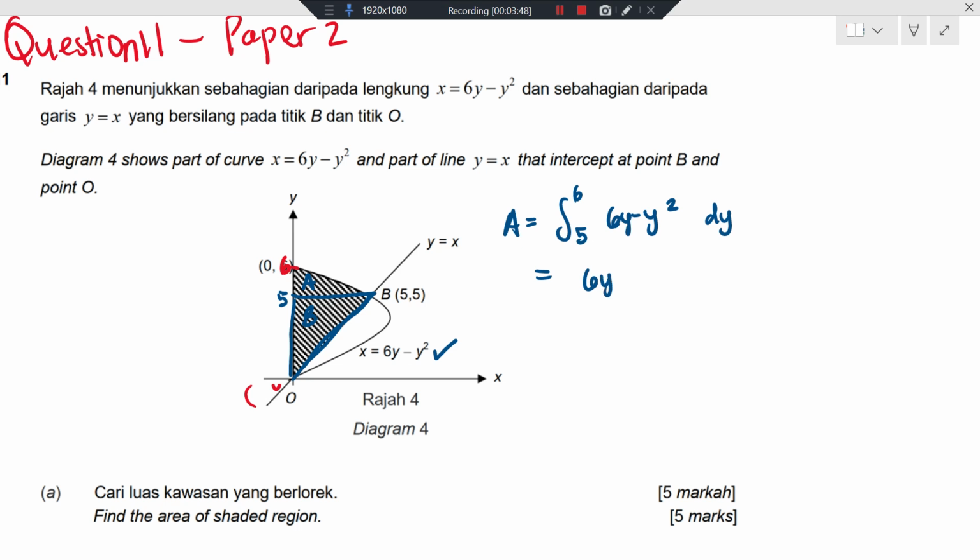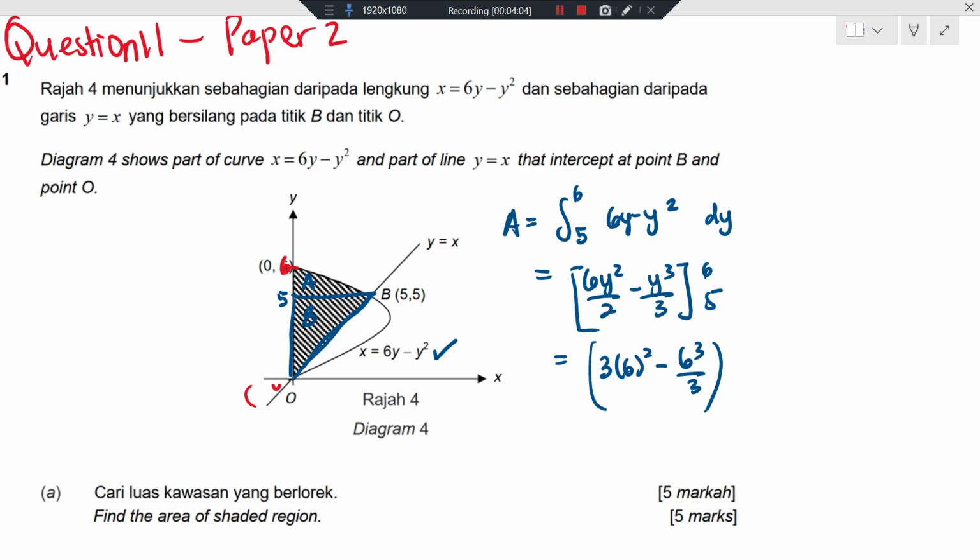So 6y square over 2 minus y cube over 3. You need to substitute with 6 and 5. So 6 divided by 2 is 3, so 3y square minus y cube over 3.